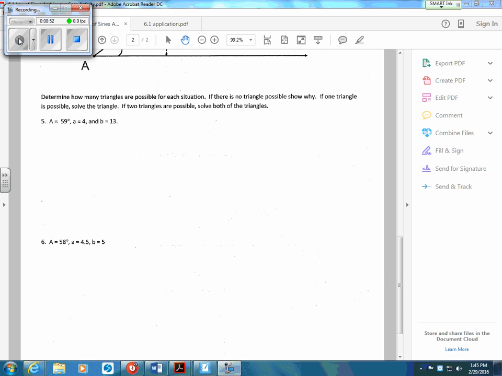Okay, so for this first one, when you work this out, did you set up sine of 59 degrees over 4 equals sine of angle B over B? Almost. We are using law of sines, correct?